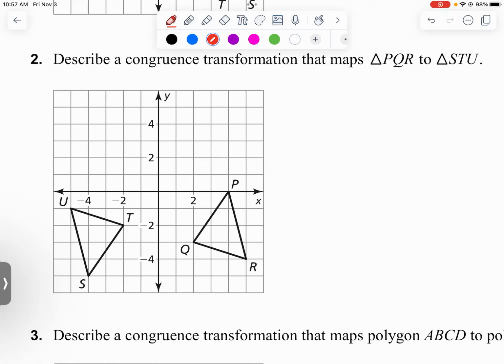What I'd like you to do, work together at your table. I'm going to give you 60 seconds to see if you can come up with how we got from PQR to STU. It could be two different transformations.